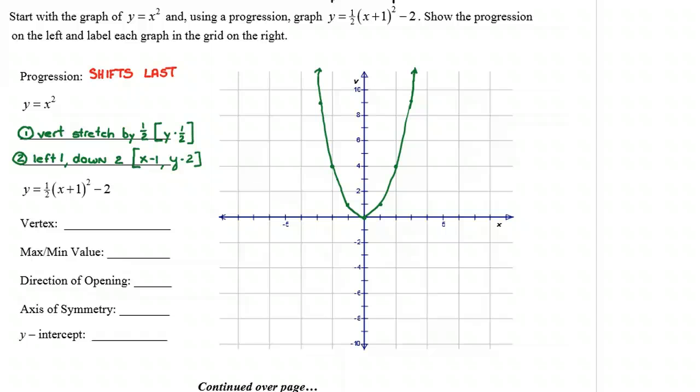So what I'm going to do is I'm going to do this in a little bit of a longer format. So sometimes students can take these transformations and they can put a point on their pen on the graph. So if I take 0, 0, and I'm going to apply the transformation. So I can multiply the y by 1/2, it doesn't move. I'm going to move 1 to the left and 2 down, and that's where my new point is going to be. Okay?